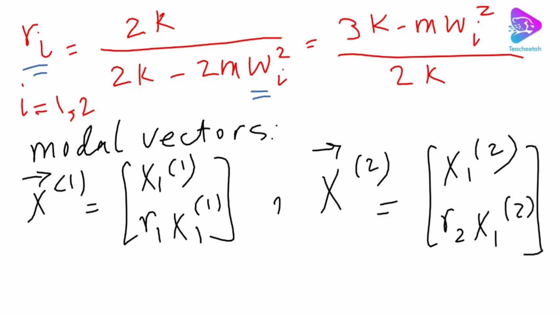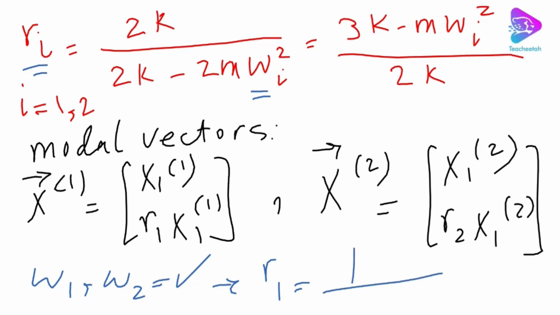So we can simply plug in those values for r. If we do this for r1 for this specific system, it would be 1 over the square root of 3 minus 1.